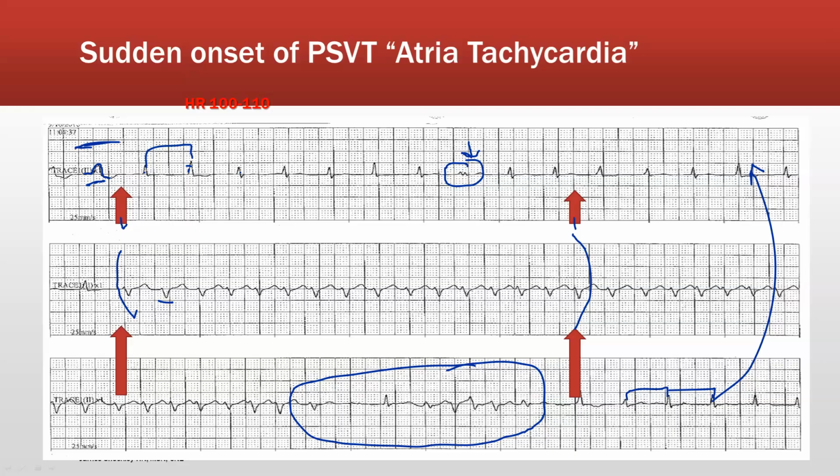So again, for us, we're talking simple things, have them bear down. We're going to give medications, specifically adenosine, which is the only medication that I would give for SVT. SVT is the only rhythm that I would give adenosine for.